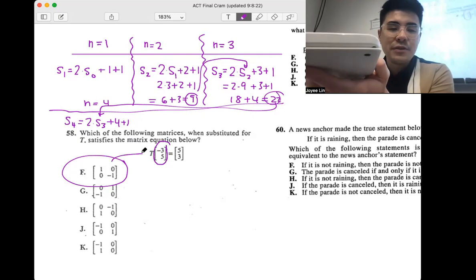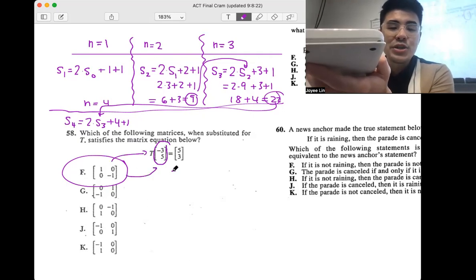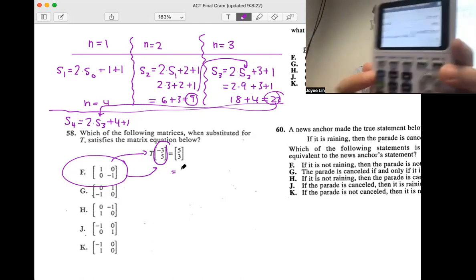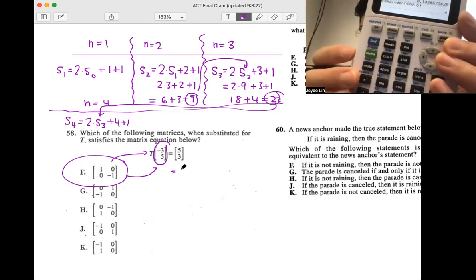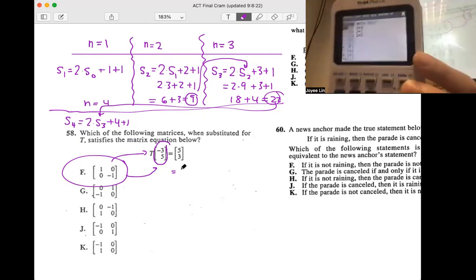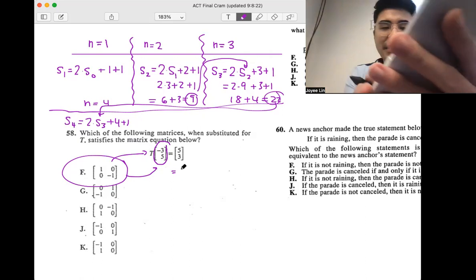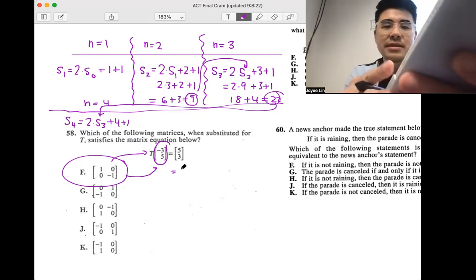So if I plug this in for T and I multiply by that one, I should get 5, 3, right? So then I'm gonna go quit. I'm gonna go back to my matrix, right? Second matrix. And then I'm gonna hit A. And then I'm gonna times it by second matrix B.